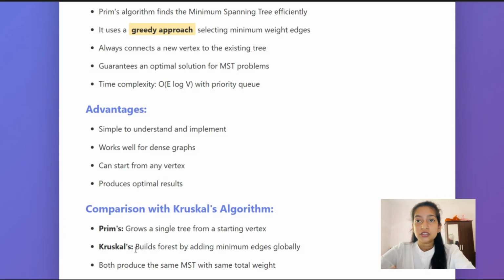On the other hand, Kruskal's algorithm sorts all edges and builds a forest by adding minimum weight edges globally, eventually merging into a single tree. Both algorithms produce an MST with the same total weight. They are both correct. The choice between them often depends on the graph structure and implementation preferences.